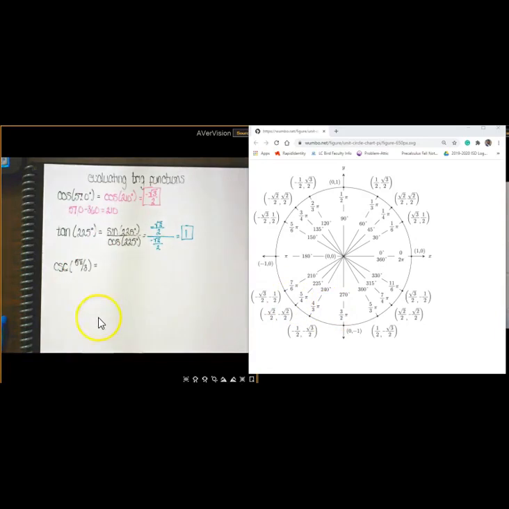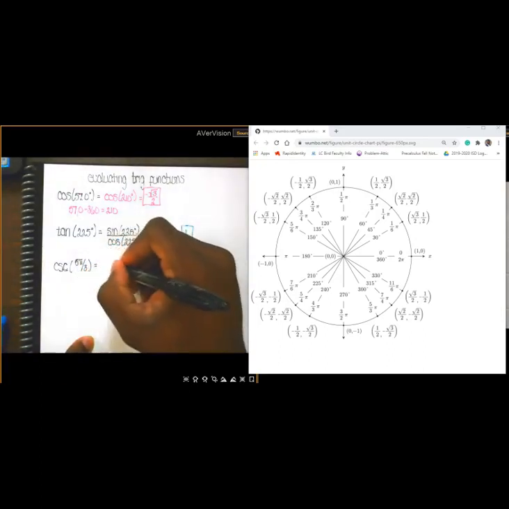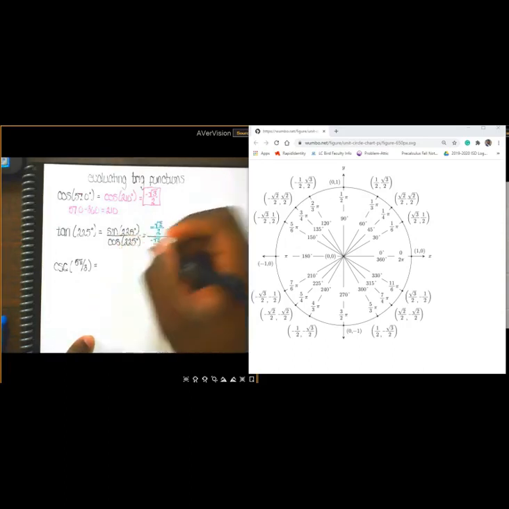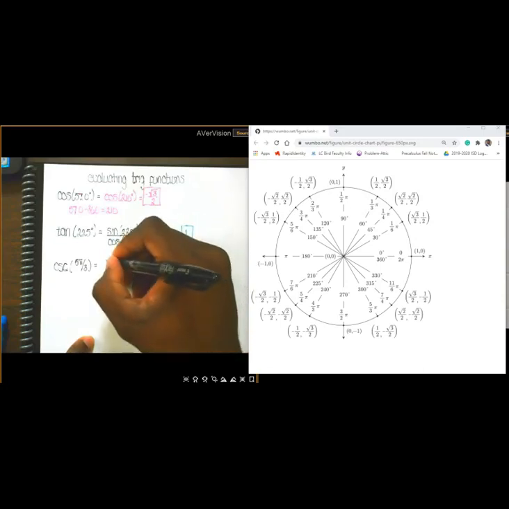What would that be? So cosecant is which trig function? If we write it in terms of sine and cosine, what is it? Cosecant is 1 over sine, right?